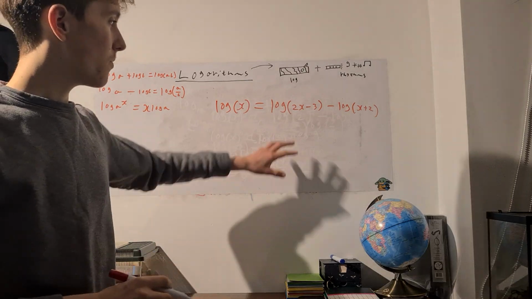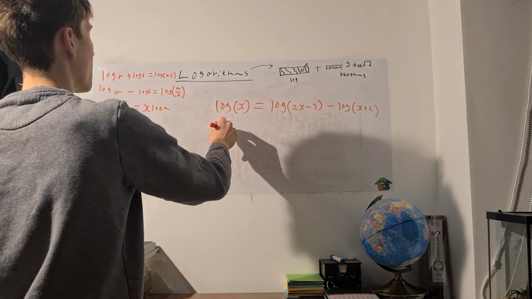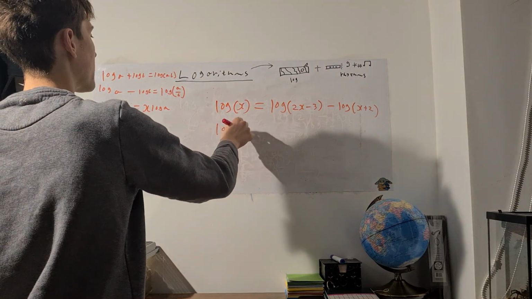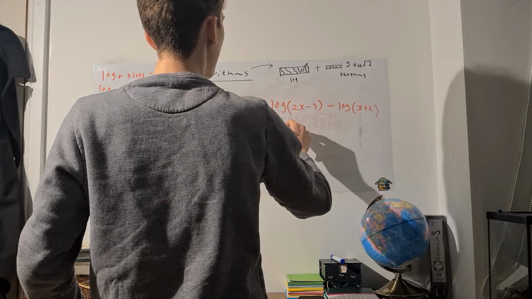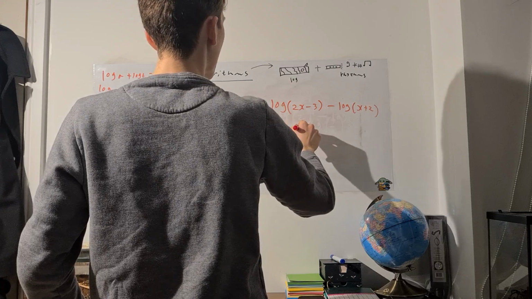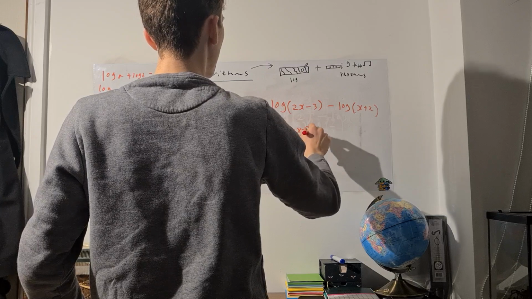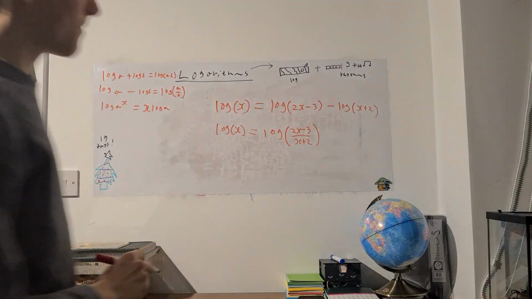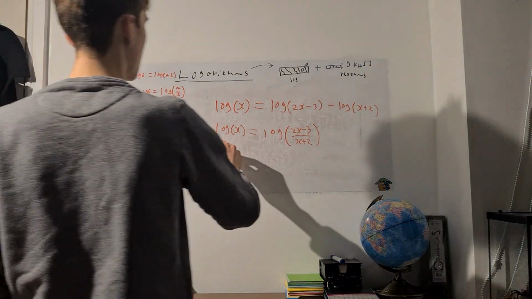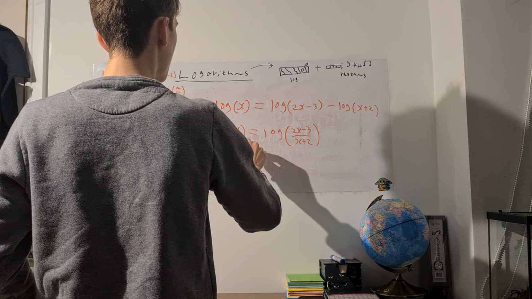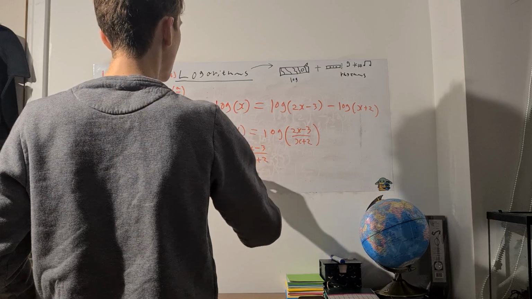Now we know what that's going to be from our formula. You have log x is equal to log of 2x minus 3 over x plus 2. So you get x equals 2x minus 3 over x plus 2.